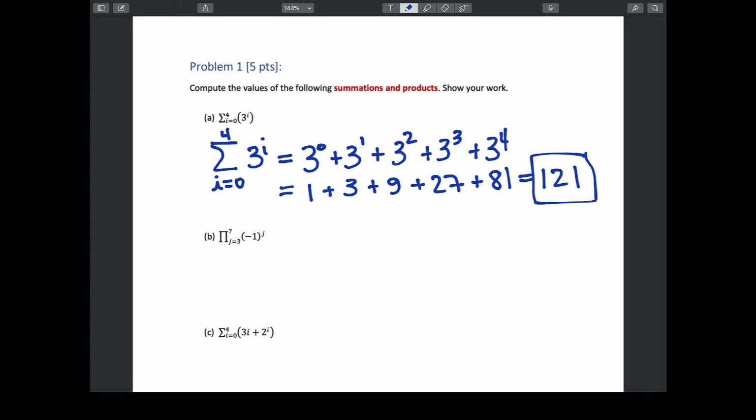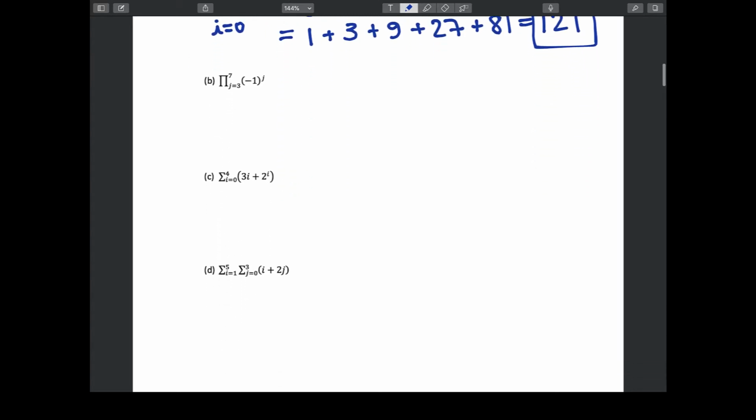Okay, so the next problem is a product. And so it's the product j equals 3 to j equals 7 of -1 to the j.